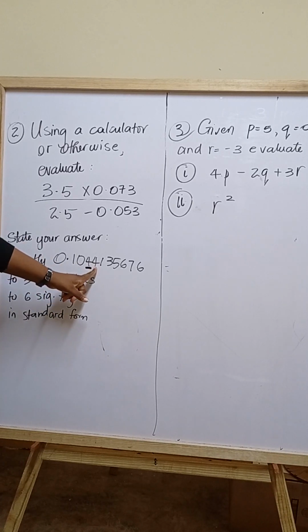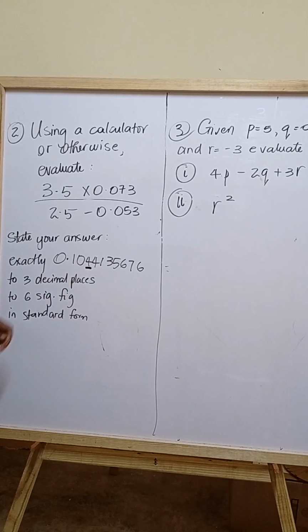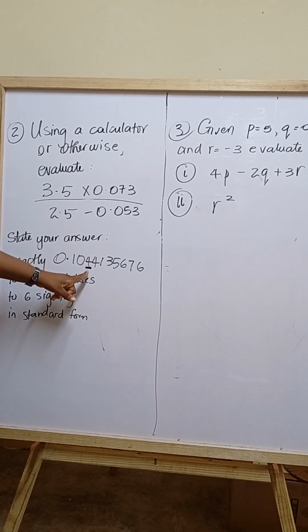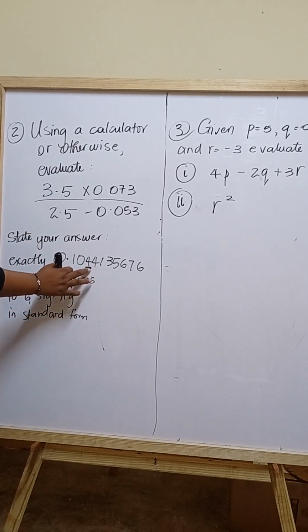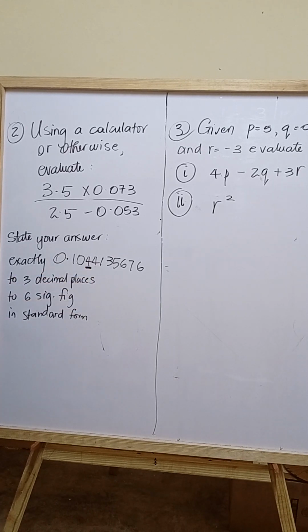Now if the digit that follows is less than 5, the digit you are rounding remains the same. If the digit that follows is 5 or more, the digit you are rounding, you add 1 to it, right? So in this case, the digit we are rounding is 4, and the 1 to the right of the 4 is less than 5.